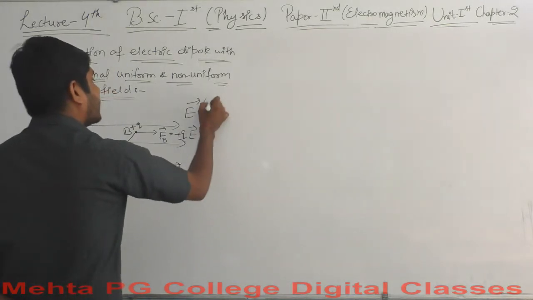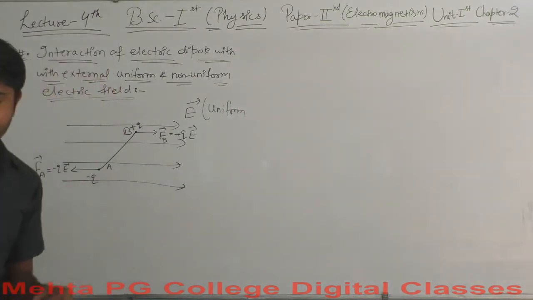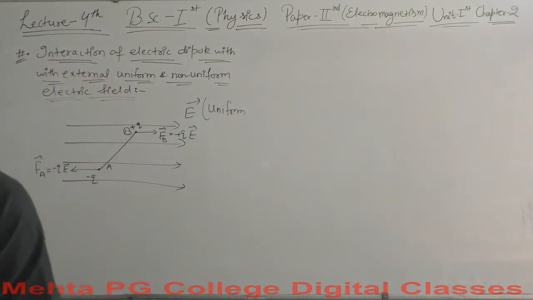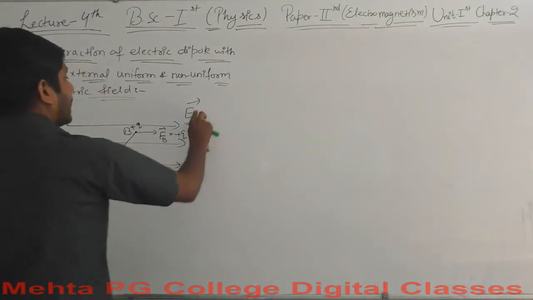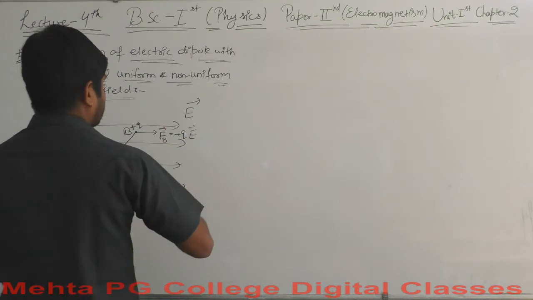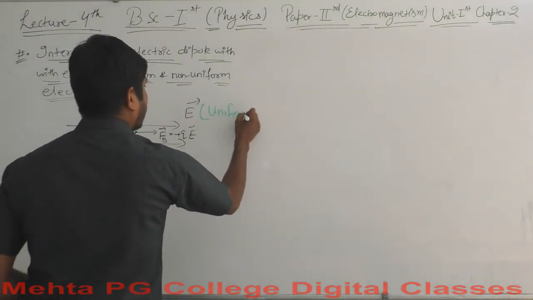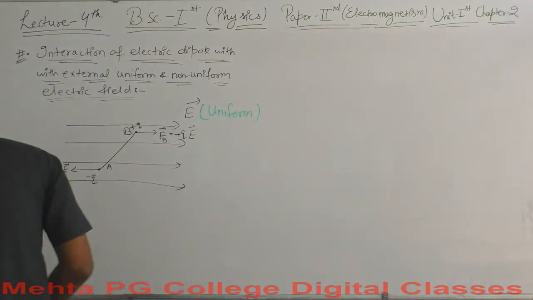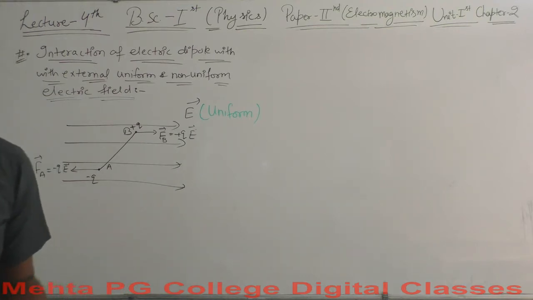So this electric field E is uniform. So this dipole AB is placed in a uniform electric field. Let's find out what will happen to the dipole when it is placed in a uniform electric field.